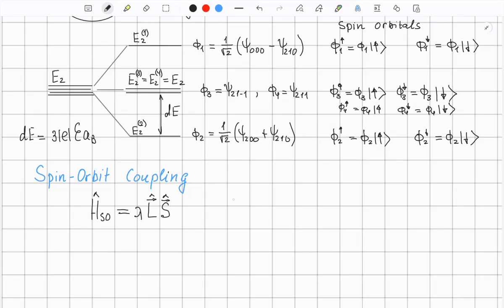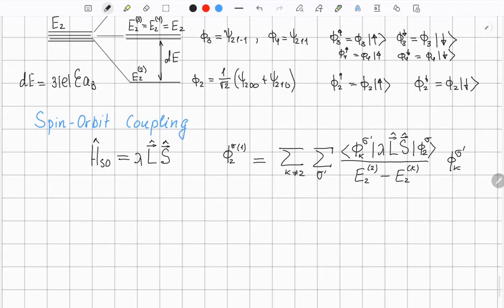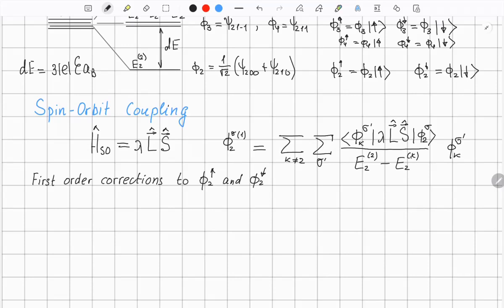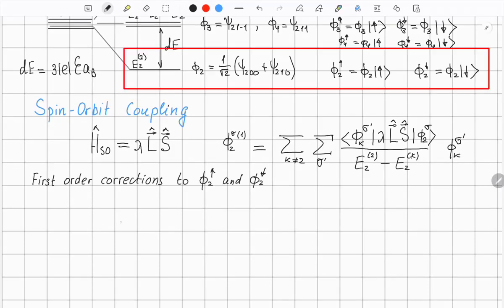We assume that the spin-orbit interaction is significantly weaker than the interaction with the electric field. Using the standard perturbation theory formula, we will determine the first-order corrections to the wave functions phi2 up arrow and phi2 down arrow, which corresponds to the lowest energy level in our system.